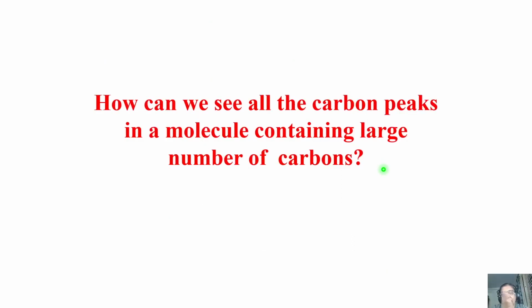Then the question can be asked: if that is the case, how can we see all the carbons in a molecule containing a large number of carbons? This is a valid question which we need to answer. How can we get all the carbon peaks in spite of the fact that the probability of seeing all of them in the carbon 13 state at a time is practically 0?